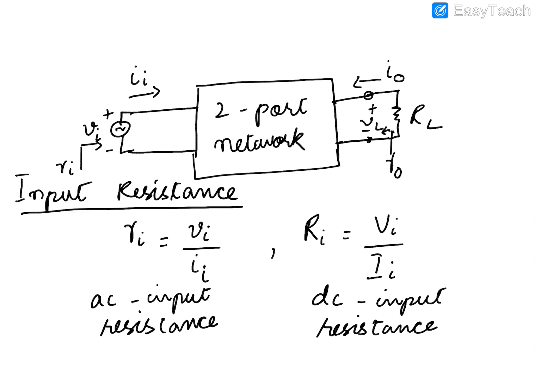In this case, the input voltage can be written as the product of input current and input resistance, and the output voltage VL, which is actually the load voltage, can be written as the product of RL and I naught. But remember that if we are comparing the direction of input and output currents, they are in opposite direction, so we will take the output voltage as product of minus I naught and RL.